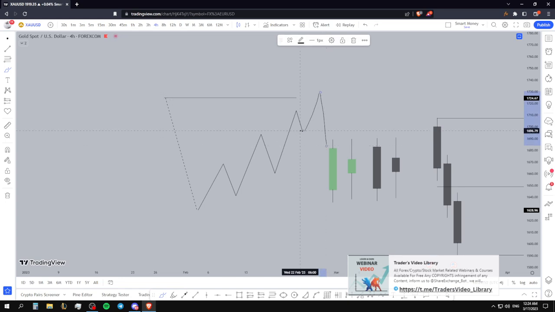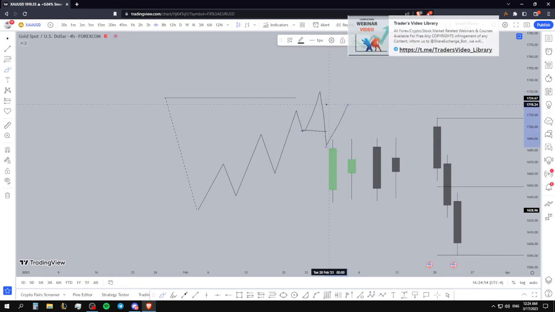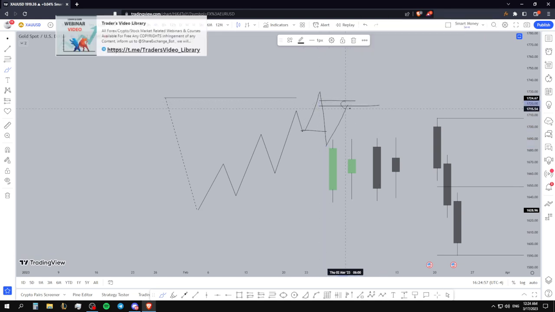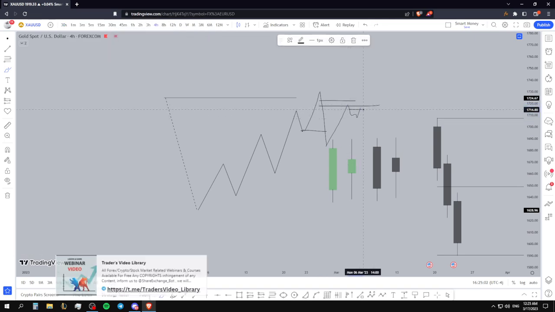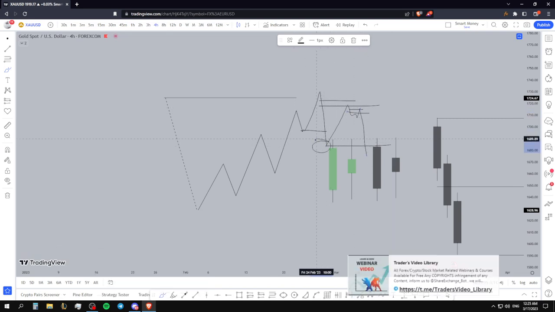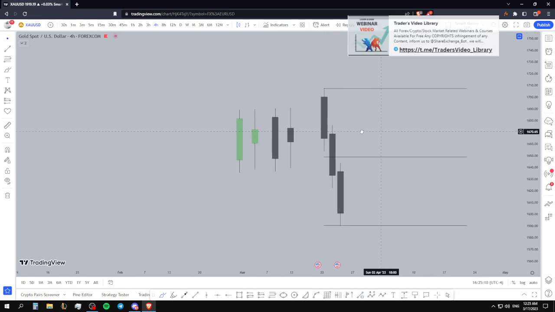So price breaks the structure, price comes back to the bearish order block. You can take your entry or wait for a lower time frame confirmation like this entry and take your profits at the nearest low. Okay, let's go to the live chart data to explain.